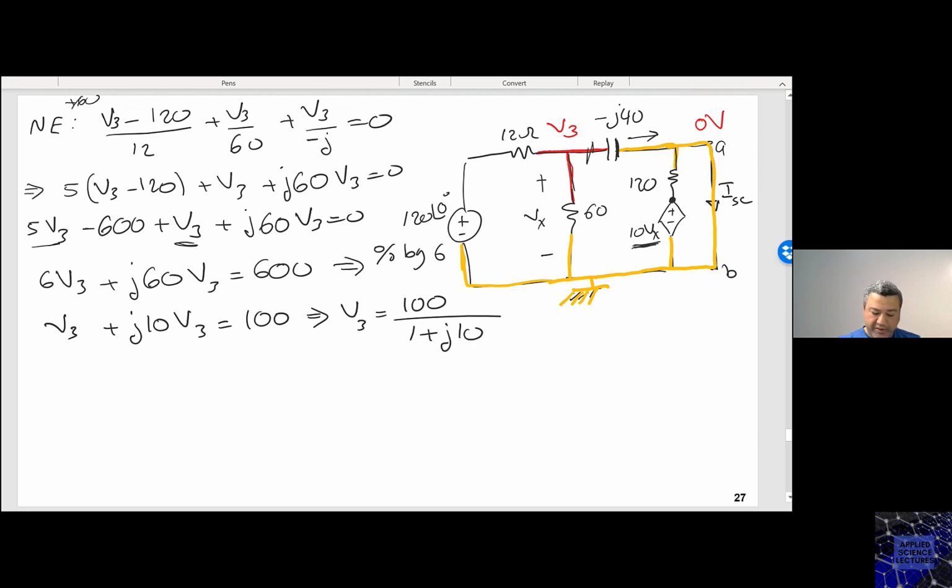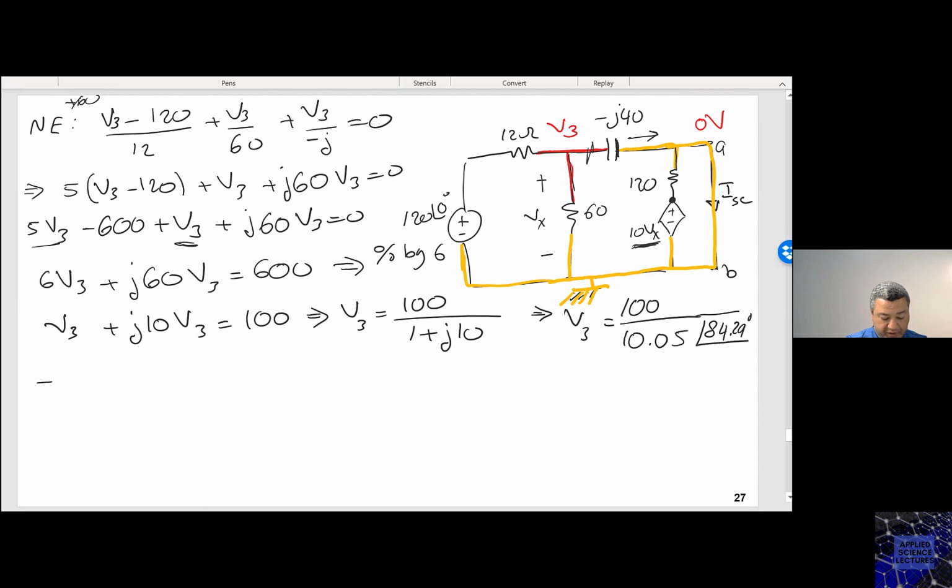Then we can find V3 as 100 divided by, again, the square root of 1 squared plus 10 squared, which is 10.05, and the angle is tan inverse of 10, which is 84.29.